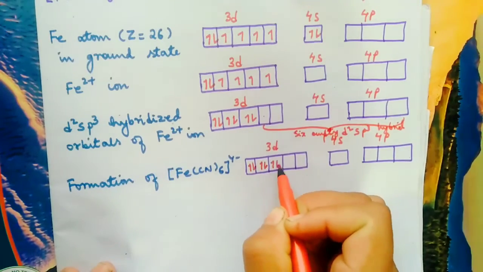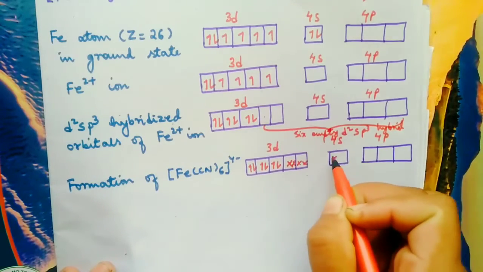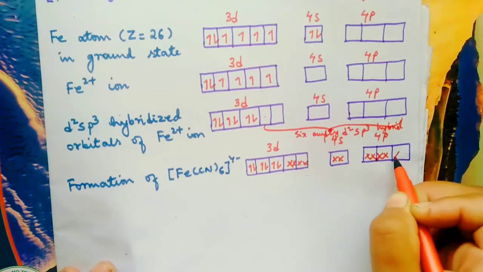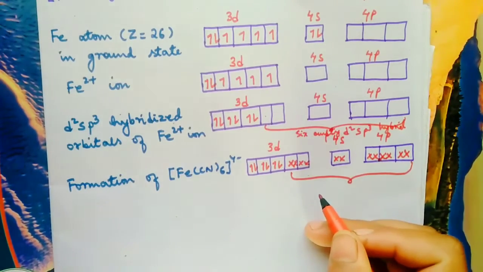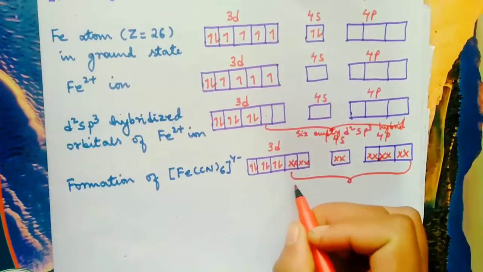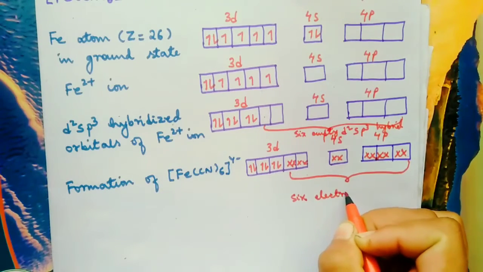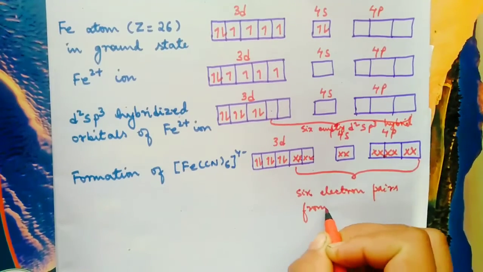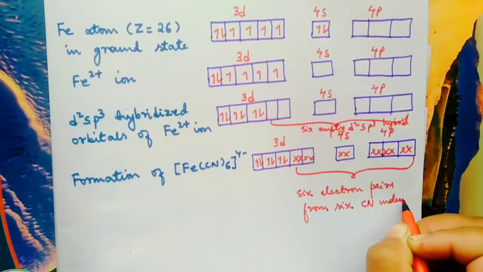And here we have the same thing. Now these 6 empty d2sp3 hybrid orbitals will be occupied by the CN molecules, that means these empty spaces will be occupied by the electron pairs from 6 CN molecules.